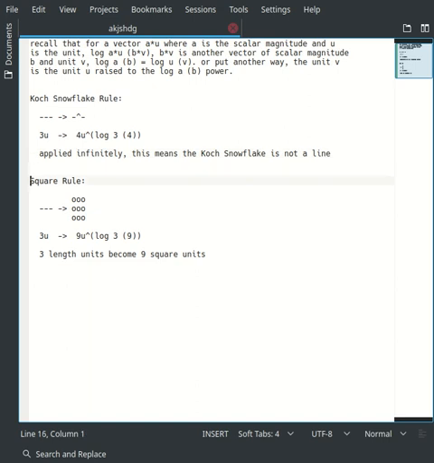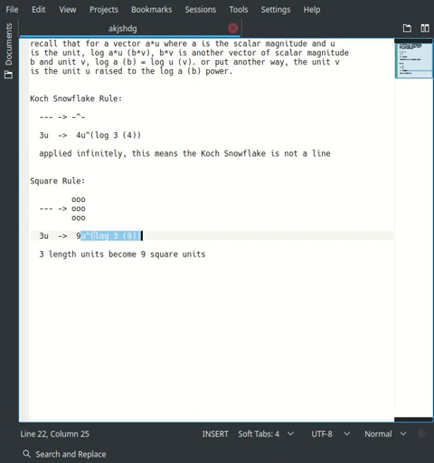Now, for squares, we can do something very, very similar to this. Nothing interesting, right? So we can turn these three lines into a square with 9 components, right? So this is a linear unit, but when we get 9 of them out of this, their unit is that linear unit raised to log base 3 of 9, which is 2.